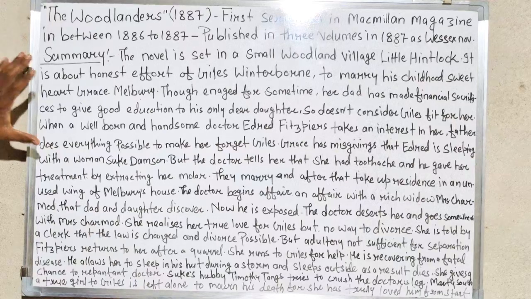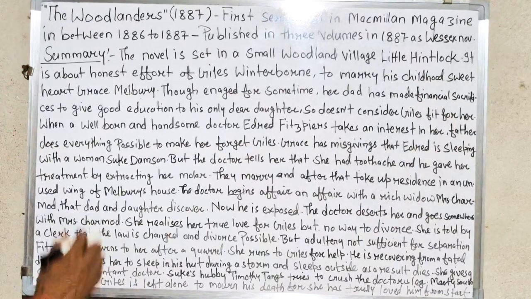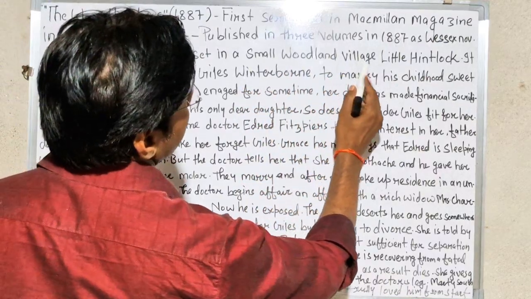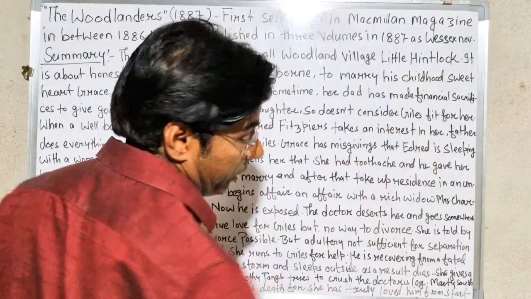Now let's look at the summary of this novel. The novel is set in a small woodland village, Little Hintock. Remember this.